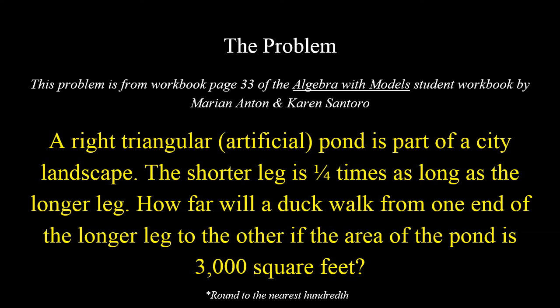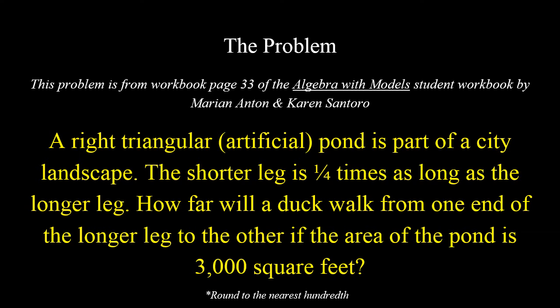So it says, how far will a duck walk from one end of the longer leg to the other if the area of the pond is 3,000 square feet? So I want to figure out how far this duck's going to walk. I'm looking for the measurement of the longer leg here, because the duck is walking from one end of the longer leg to the other, and I want to know how far that walk is.